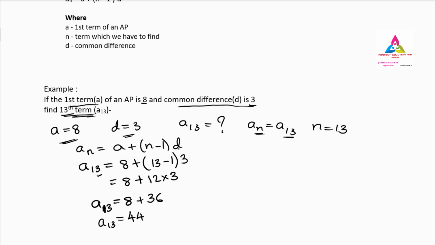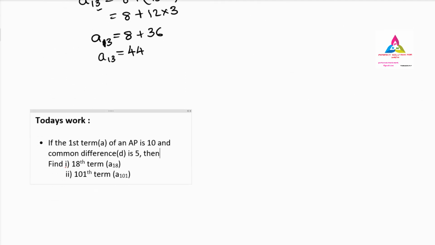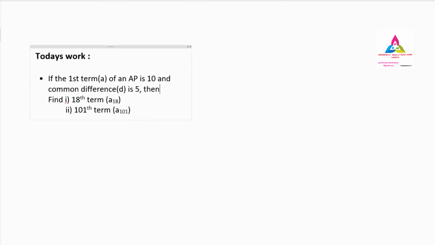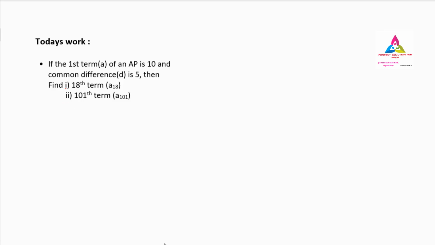Today's work is to find this answer: if the first term a of an AP is 10 and the common difference d is 5, then find the 18th term, A18. Also find the 101st term, A101.